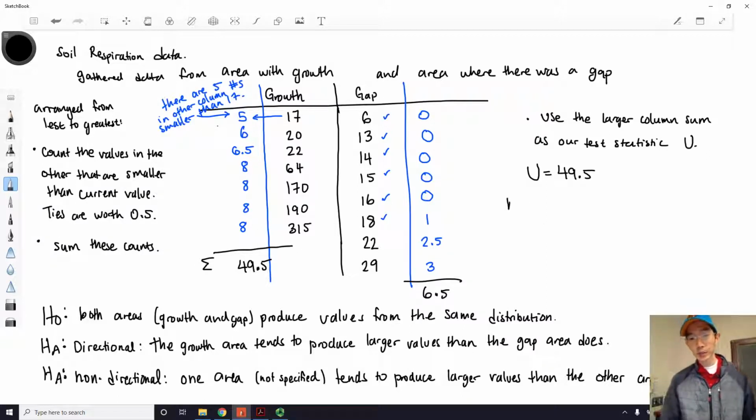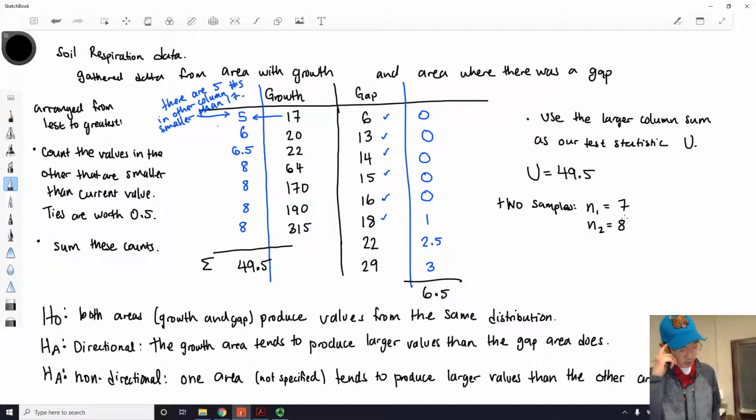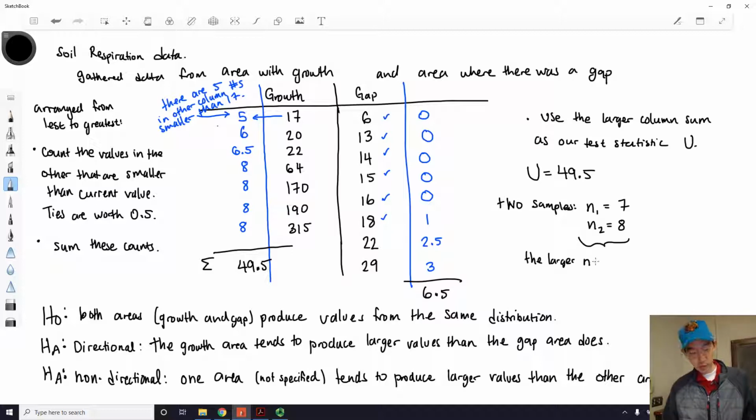We have 2 samples. Okay, n1 has 7 values and n2 has 8 values. And so what happens is with these two values, we're going to look these values up in the table, and the larger n is called n, and the smaller n is called n prime.